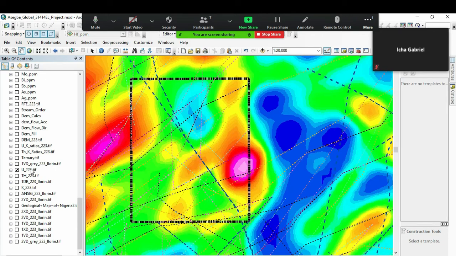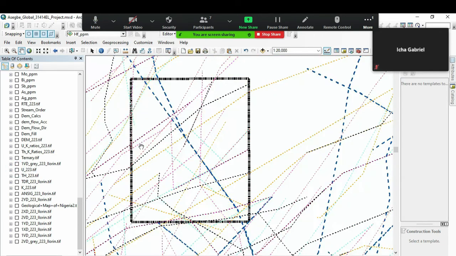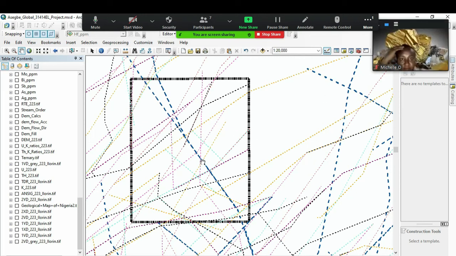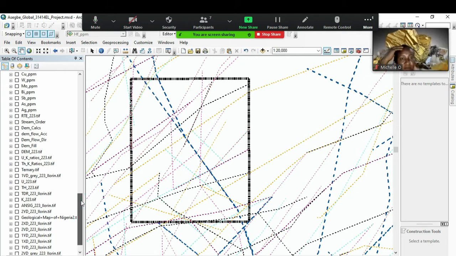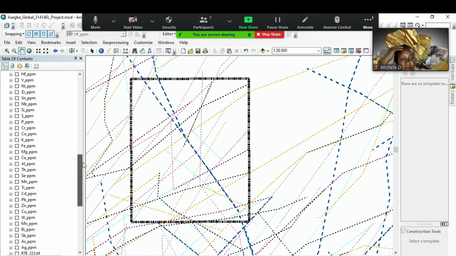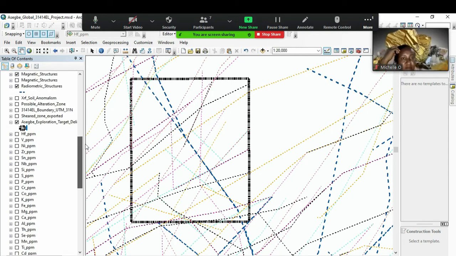There is none. Now, how do we come about this enrichment of potassium to say that there is an enrichment of potassium here? We further went on to carry out some sampling and some soil geochemistry around this particular location. Now there is something that cropped up and it merged with the interpretation done in the office.